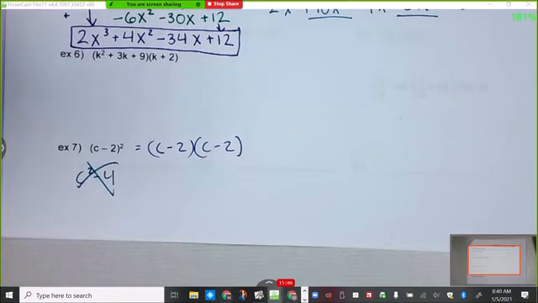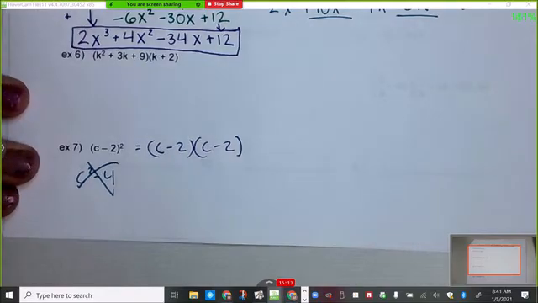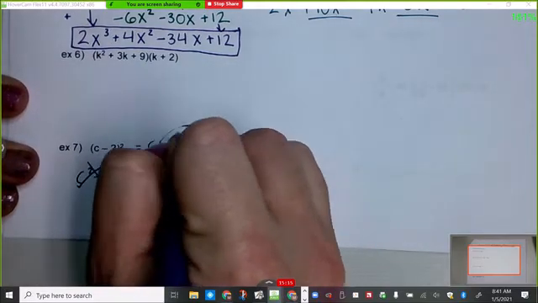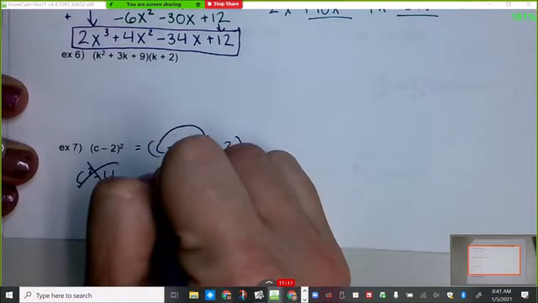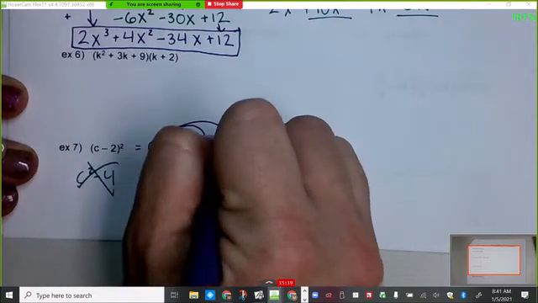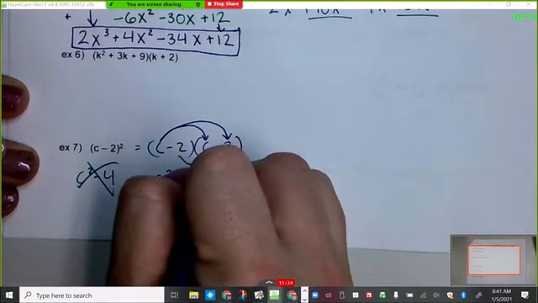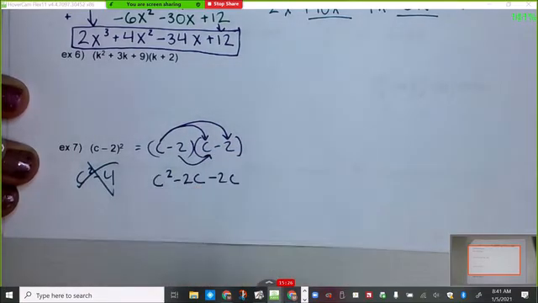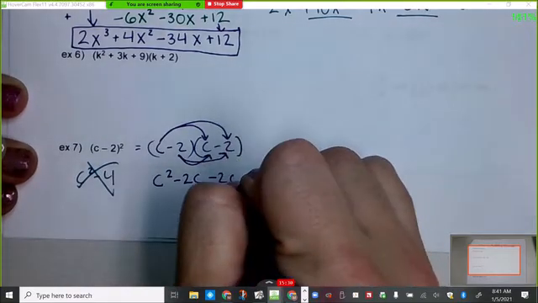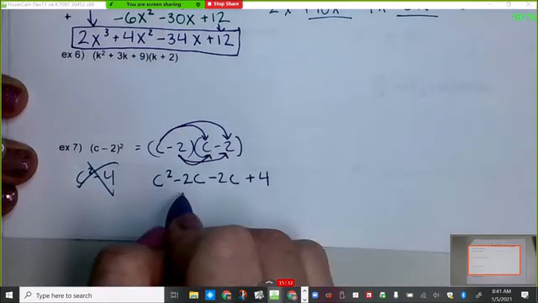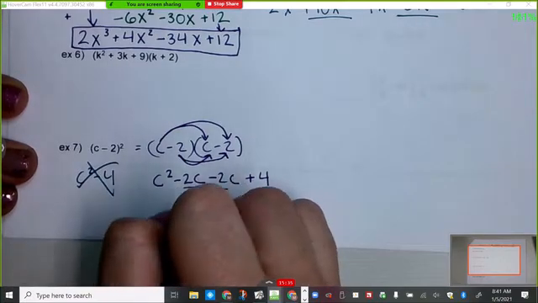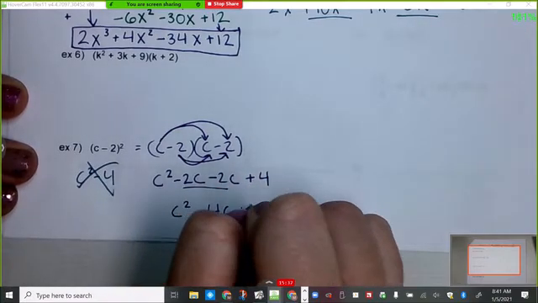Now, does it look just like one of those problems on top? Yeah. Okay, so what do I multiply first? c times c, and what's that give me? c squared. And then c times negative 2, which is just negative 2c. Negative 2 times c, which is just negative 2c. And what's negative 2 times negative 2? Positive 4. Middle two terms are alike, and I get c squared minus 4c plus 4.